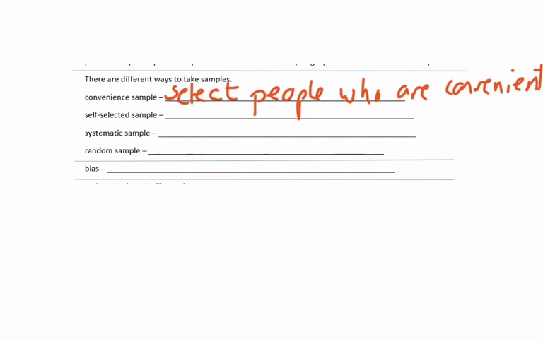The big disadvantage to convenience sampling is that people who think and act and behave alike tend to hang around together. And so if you were to poll only the soccer team or only the lacrosse team, you would only be getting student athletes.